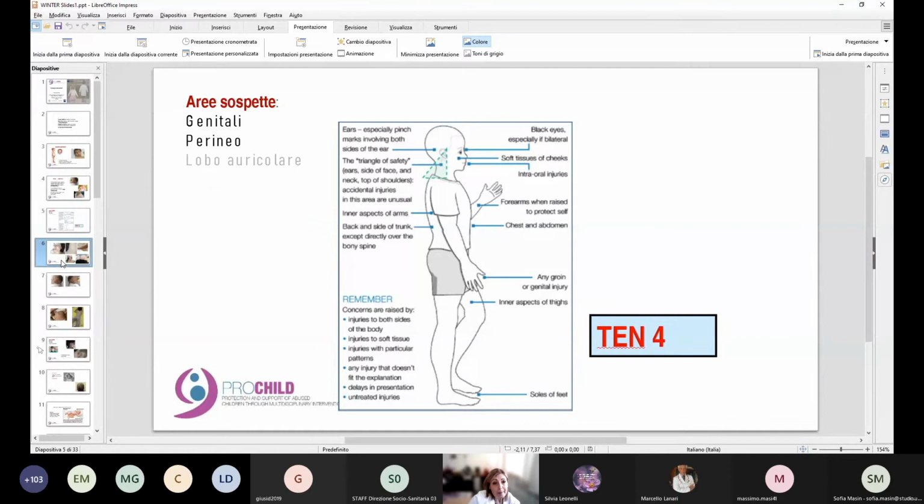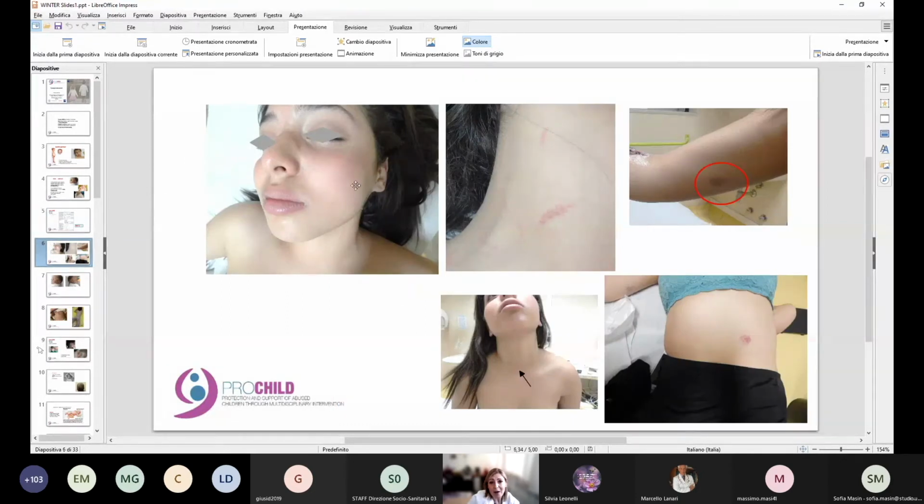Here we have a case where we see different types of lesions. The inner arm, you see on the hips, neck, with some bruises, and face.